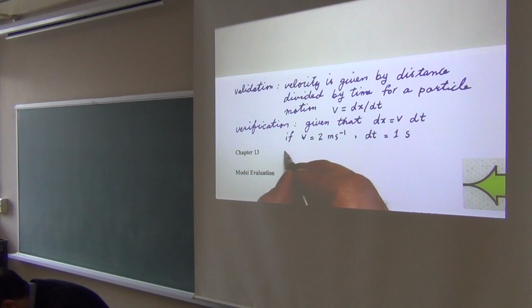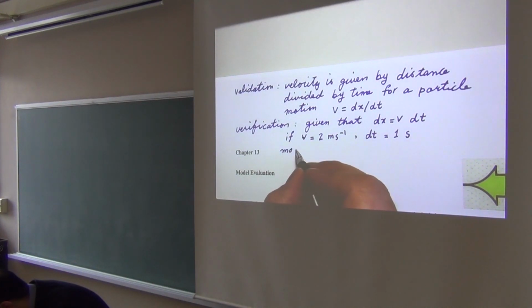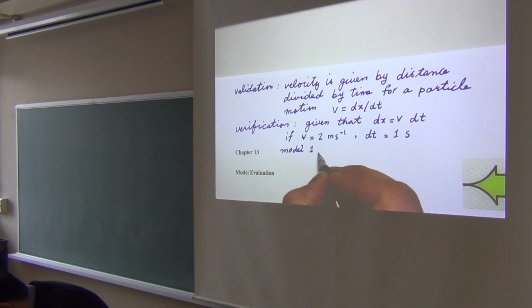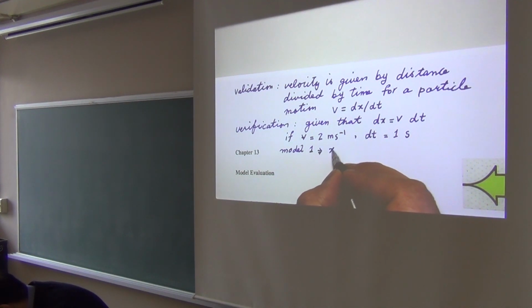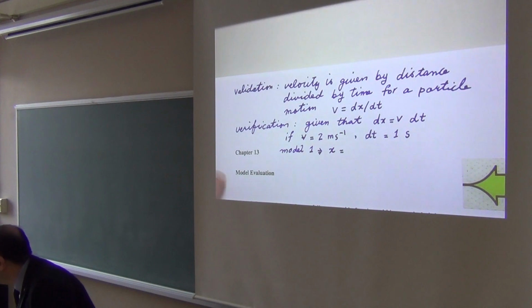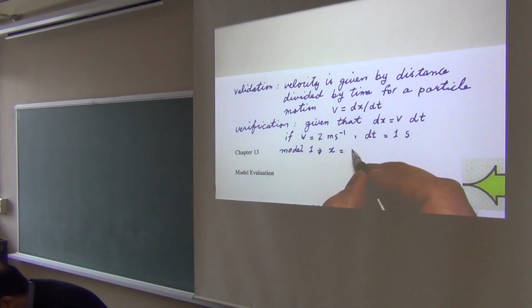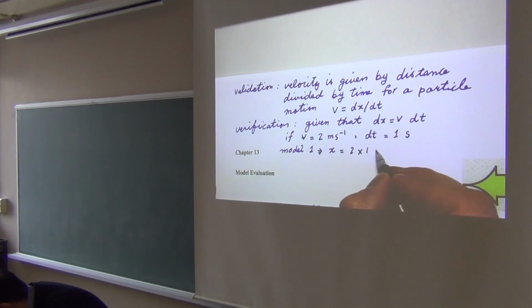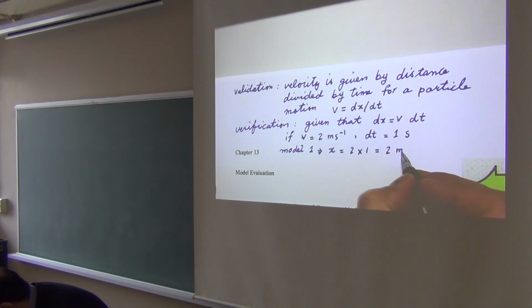So claim 1, or say model 1. X is equal to 2 times 1 is equal to 2 meters.